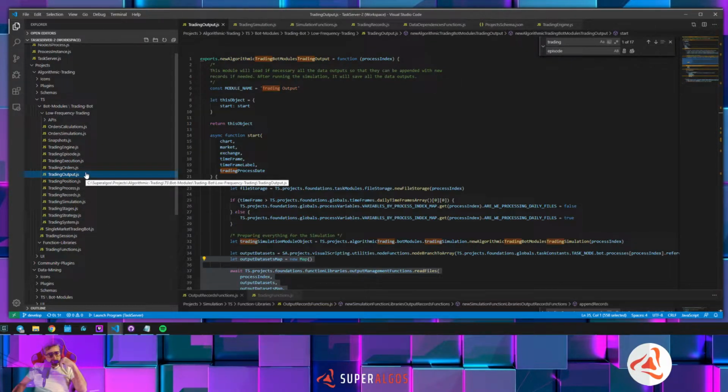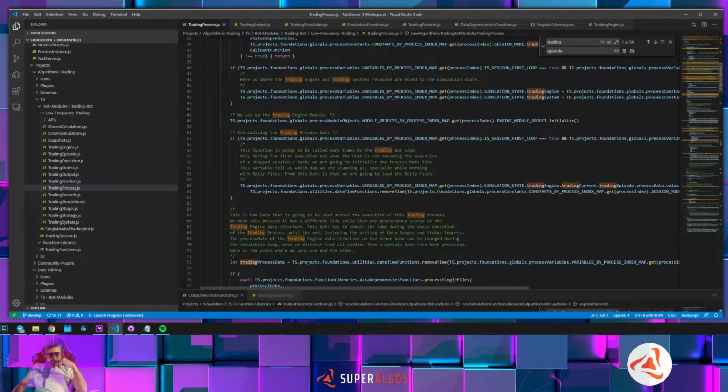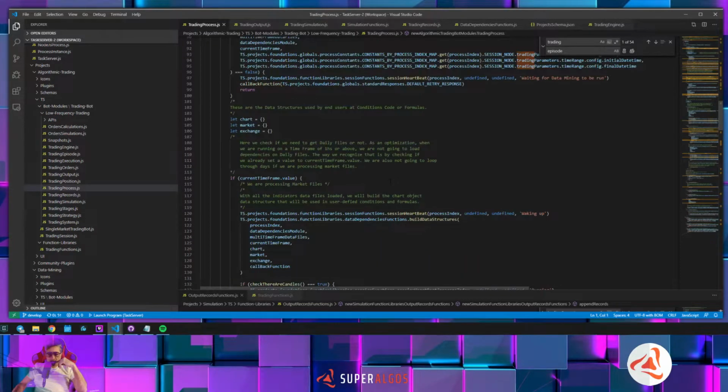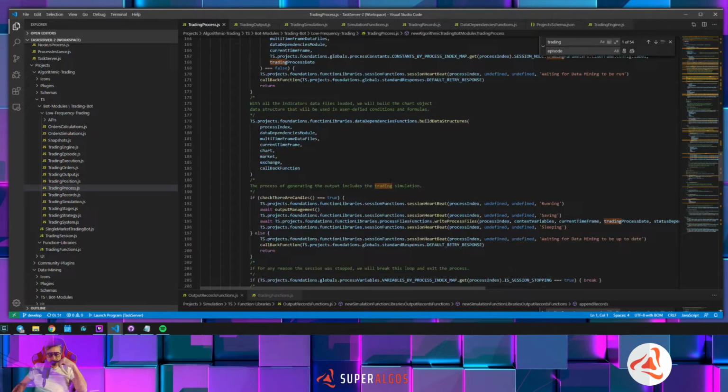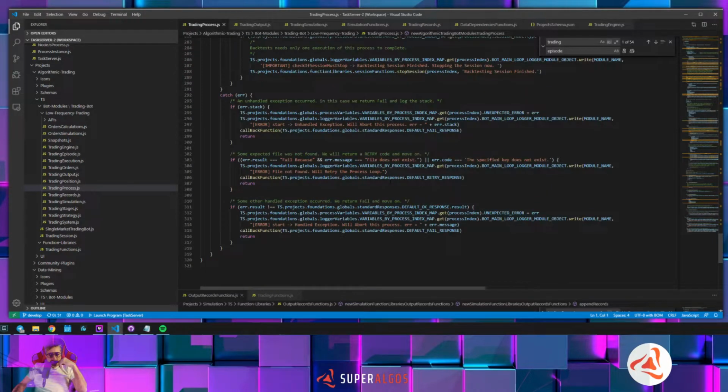The one that is one layer below this, the one executing this guy, is trading process. Okay, so let's go to trading process and see how big this guy is.